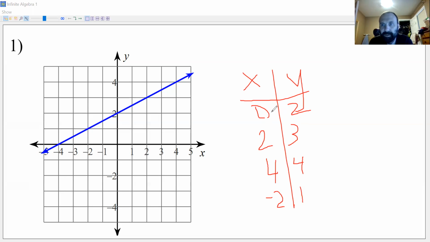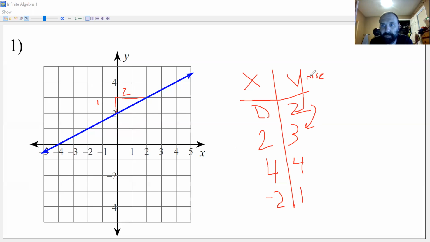Now, what we can do here is we can find the slope, because remember what we did in class is we were able to look at the graph and count boxes and say he went up 1 and he went over 2. All right, but what you can do here is you can do the same thing mathematically. You can look at the Y value, which is always the rise, right?